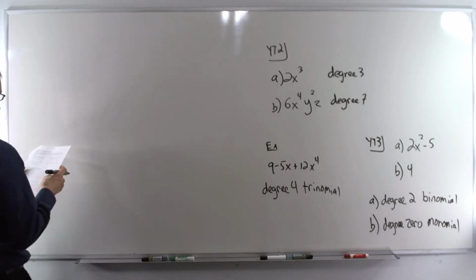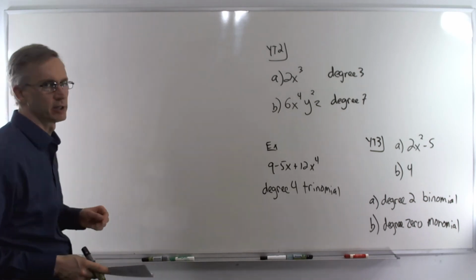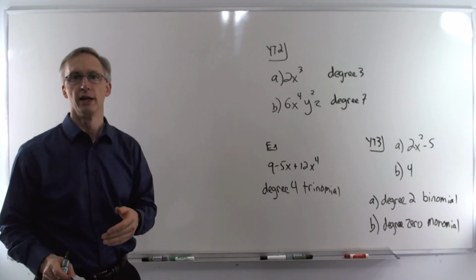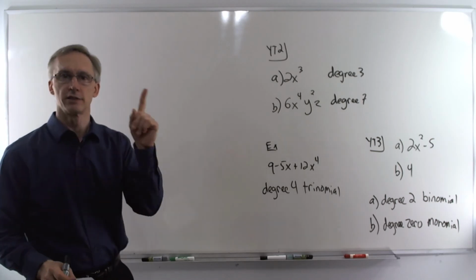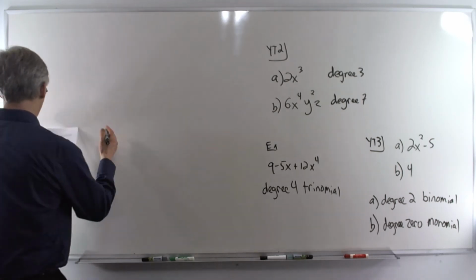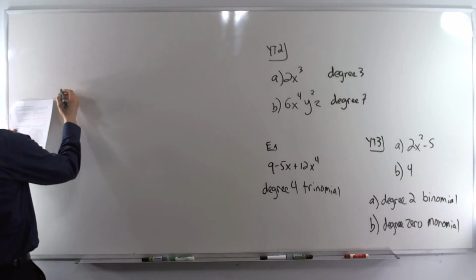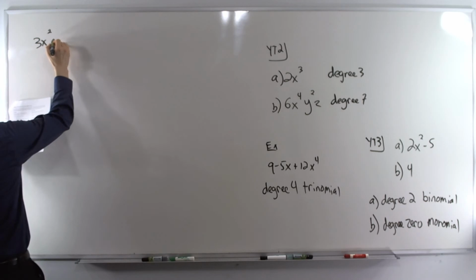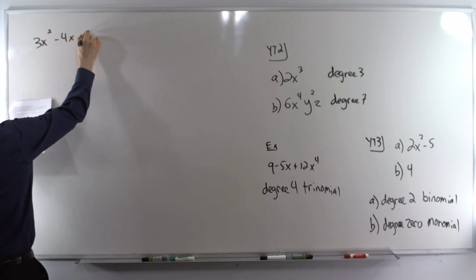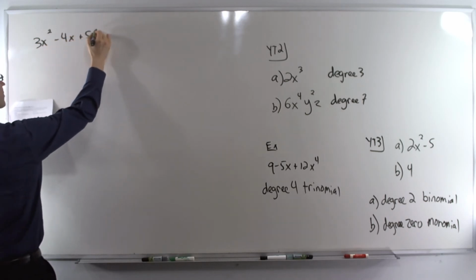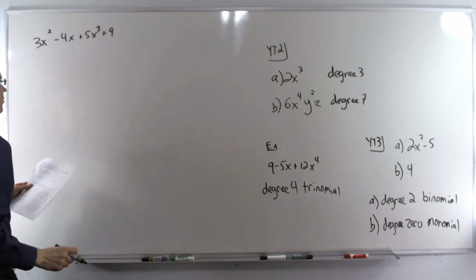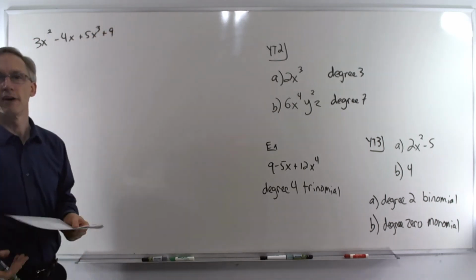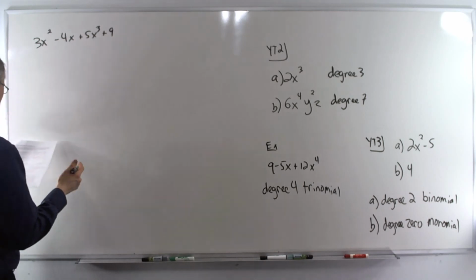So the leading coefficient is the coefficient on the term with the highest degree. And if you write in descending powers, it's the first number you see. So we're going to write this polynomial, 3x squared minus 4x plus 5x to the 3rd plus 9, in descending powers and find the leading coefficient and the degree.